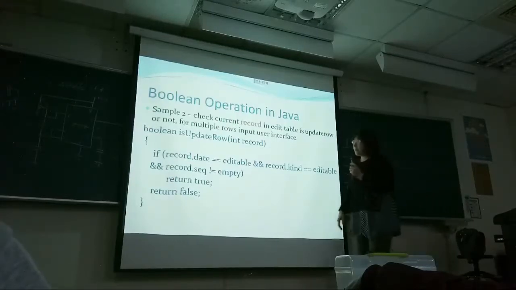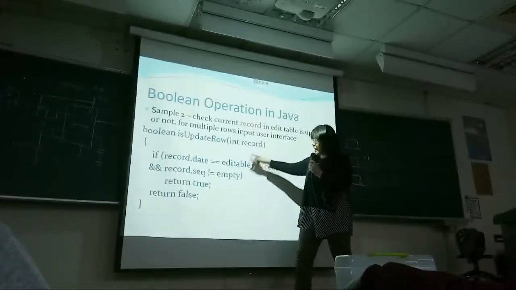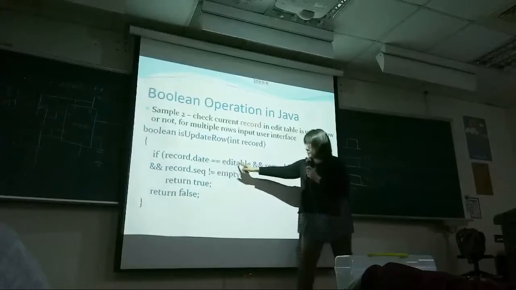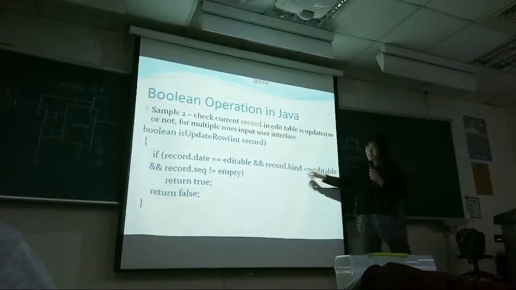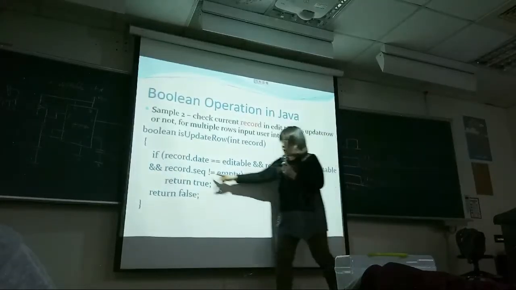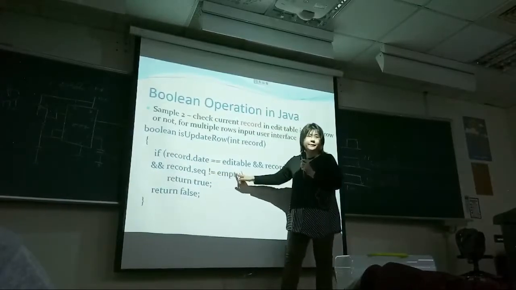And then you check, is this the record? I check, first, that the date is editable and the time is editable. This is the same as the add row. The difference is I also check that the sequence number is not empty.